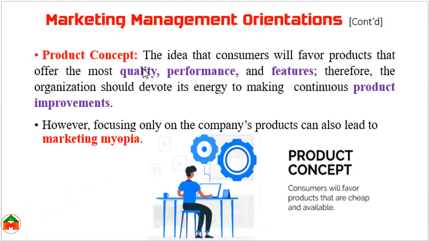Under this concept, we believe that consumers will favor products that offer the most quality, performance and features. Therefore, the organization should devote its energy to making continuous product improvements. And in this case, if we only focus on product issues, then we may also face marketing myopia.